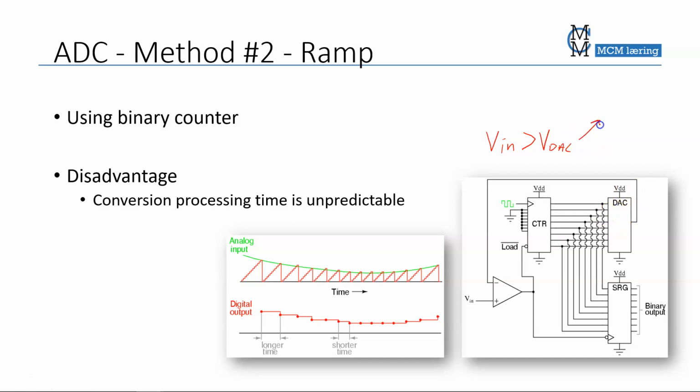If that condition is true, it will give a high. If that condition is false, it will give a low. If the V in is larger, then you'll get a high here.